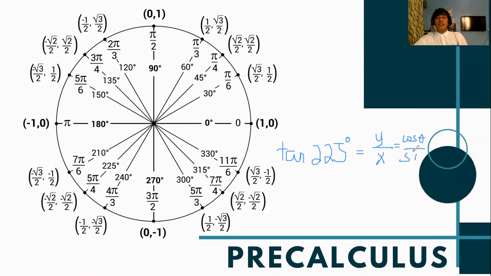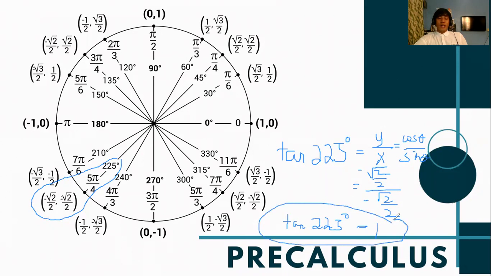Simply get the y value and the x value of the given angle. So that will be negative the square root of 2 over 2 divided by negative the square root of 2 over 2, and that will be equal to 1. You may double check using your calculator. The value of tangent 225 degrees is exactly 1.